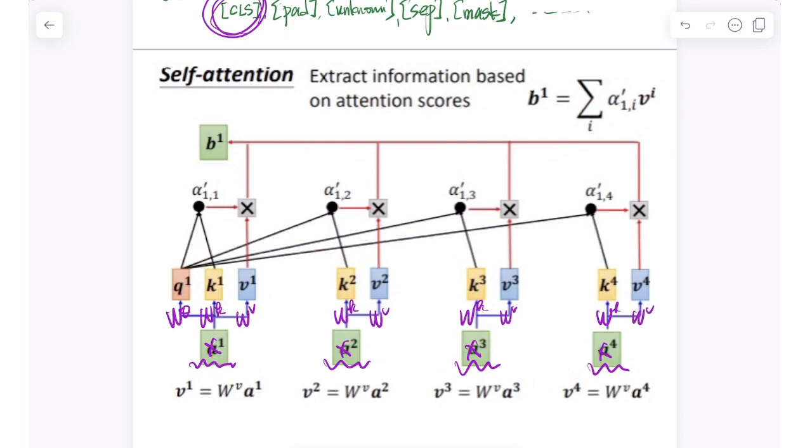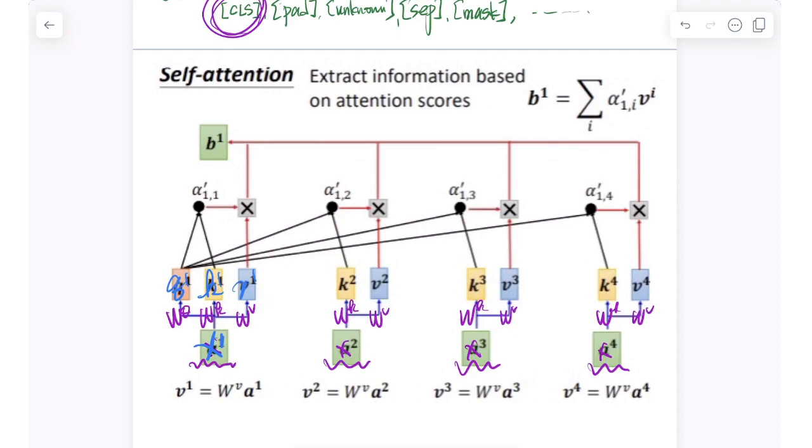For the very first example, we have the original X1 and its corresponding Q1, K1, and V1. For the later X, we only calculate the K value and V value. That is the first step.